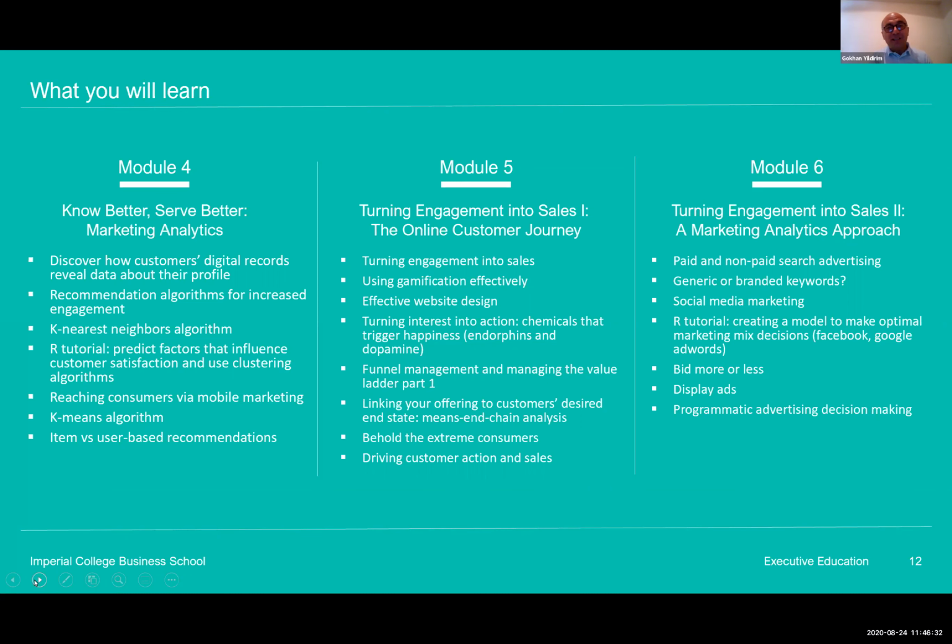Finally, in module 6, we will explore the role of digital communication vehicles, for instance, search engine marketing, display advertising, and social media marketing, and so on. We want to influence consumer behavior and also drive brands' performance.